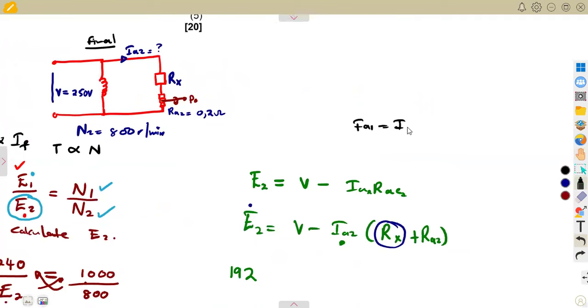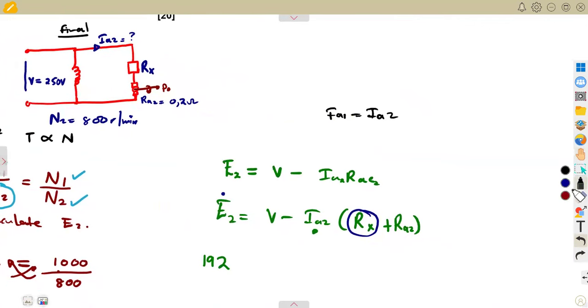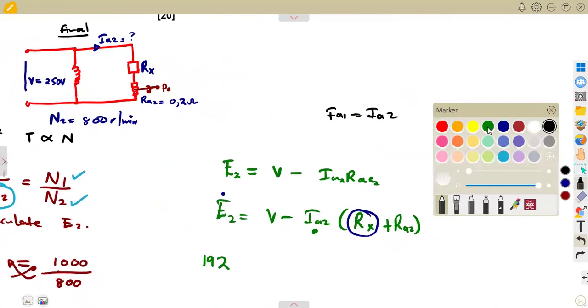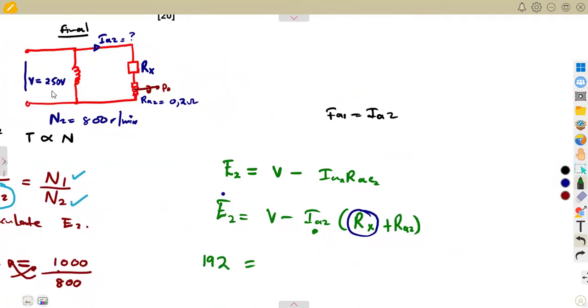Taking this to be equal, we are going to have exactly the value that we were given before. V2, which is of the final, does not change. This is still 250. Our armature current is given as 50 amps. Then Rx, we do not know. Then Ra, which is the armature resistance, is 0.2.